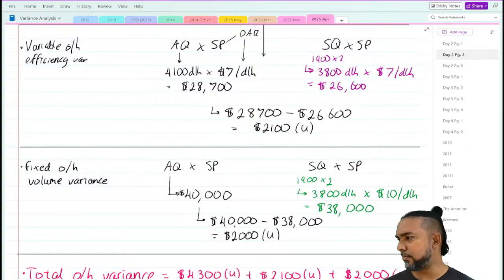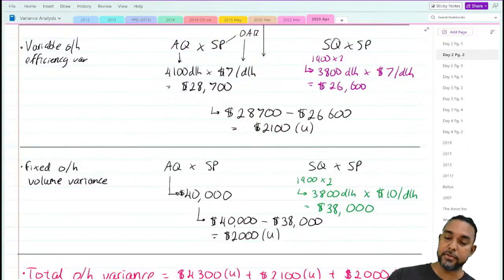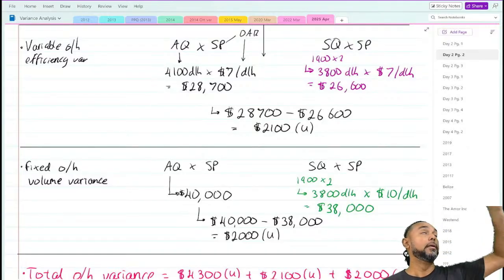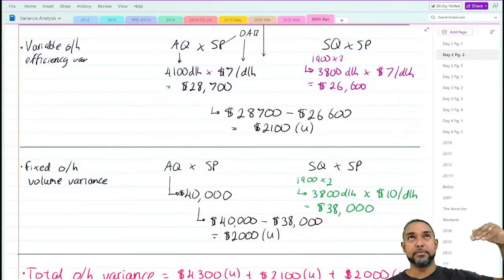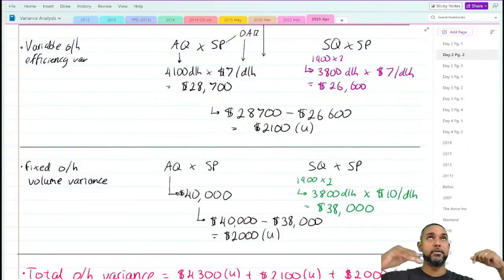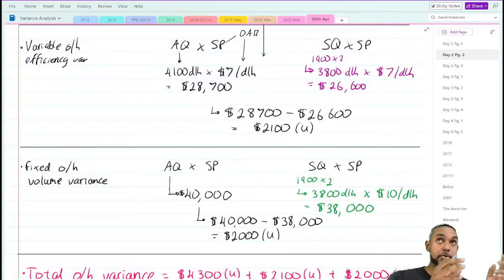Right, okay, good. So standard quantity of hours, right? Because again, remember, unlike the materials and labor, which are directly related to output, you could have a quantity of materials you're using, or a quantity of labor in terms of hours.